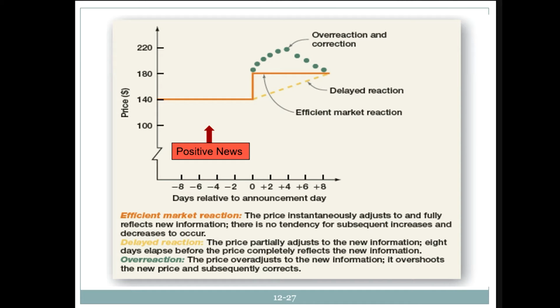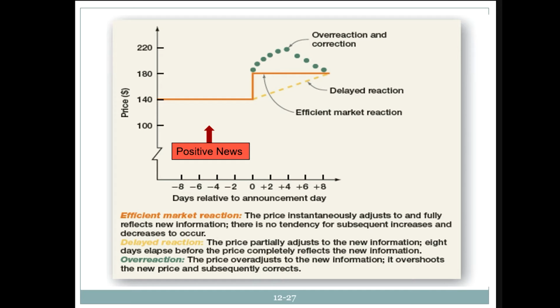Imagine that the price of an asset, or let's just say a stock, is $140, and it is exactly correctly priced. So it reflects the true fundamental value of the company. This is one share of the company, and $140 is reflective of the true fundamental value of one share.